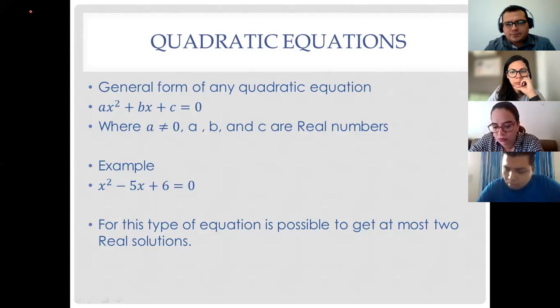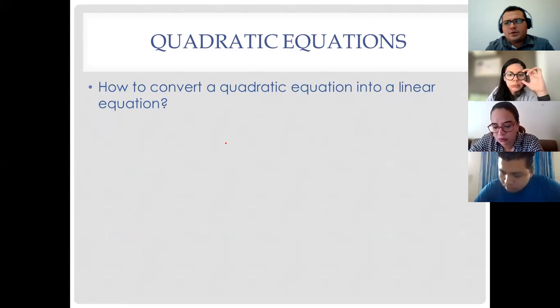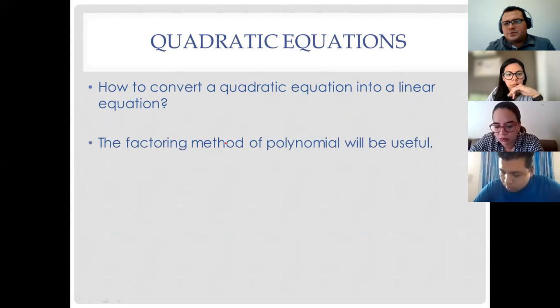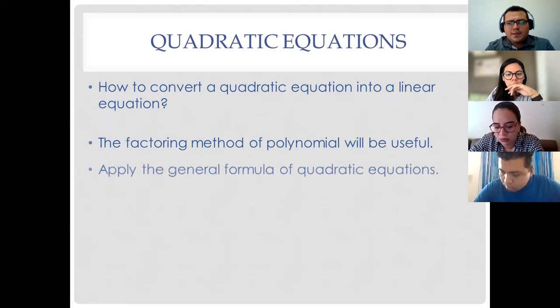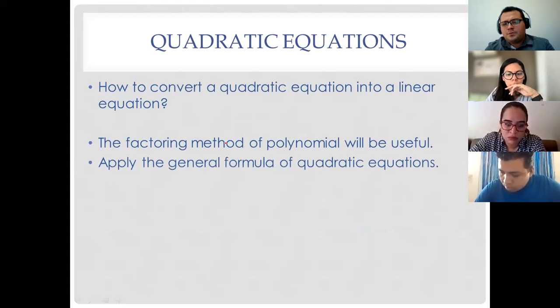So let's focus a little bit on how to solve this one. How can you convert a quadratic equation into a linear equation? Factoring methods can be useful. Here you have another way to do it, which is to apply the quadratic formula. Don't know if you remember this one, probably yes.